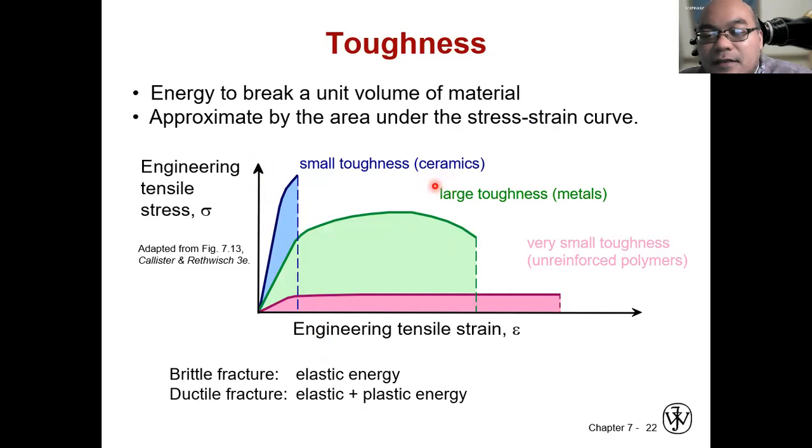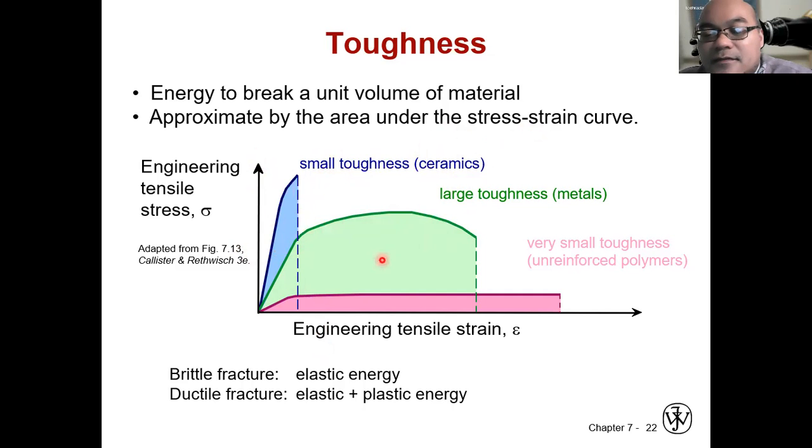You see here that even though ceramics is considered hard because of its very high Young's modulus, it doesn't have yield strength or ultimate tensile strength, so we can say it has small toughness because it breaks easily.